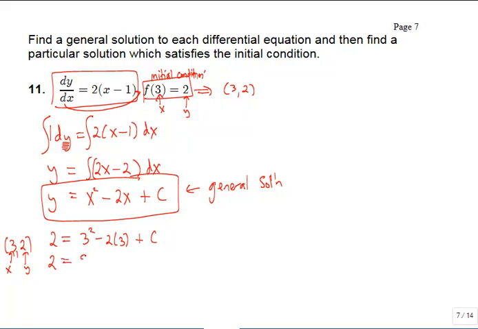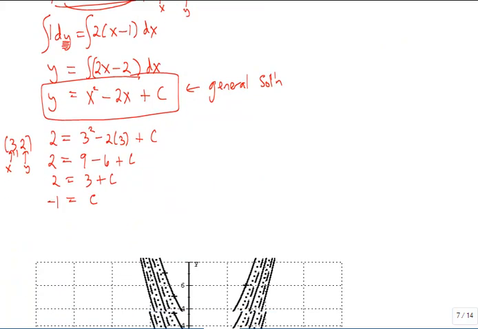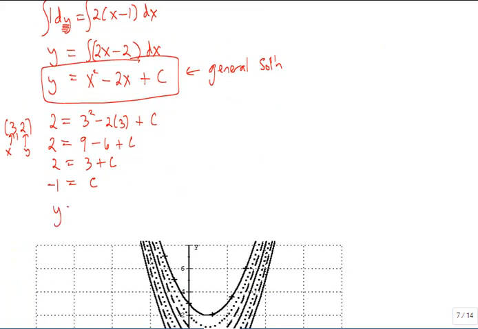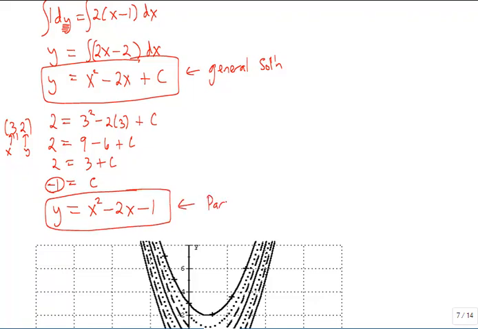So we get 2 equals 9 minus 6, which is 3, and so c is going to be negative 1. So our equation now becomes x squared minus 2x. I'm going back to this general solution, but now I know what my c is. I want c to be negative 1, so I'm just going to put a minus 1 on the side, and this is called our particular solution.